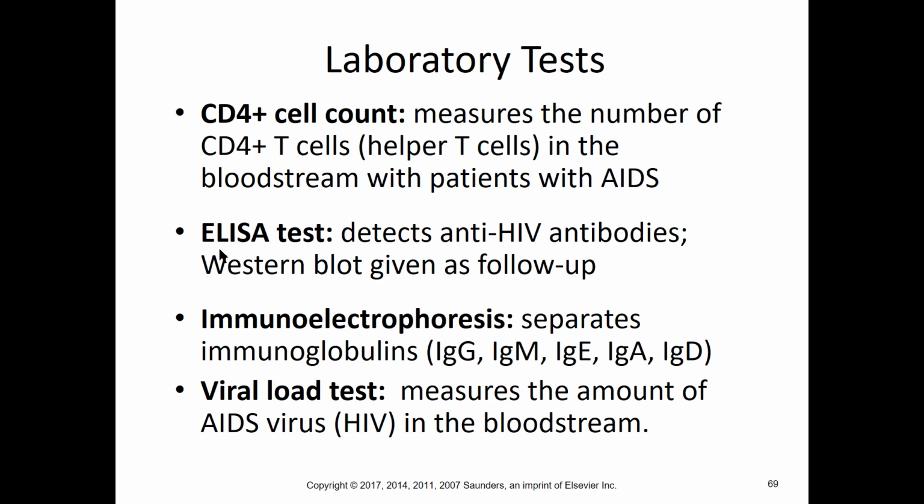Immunoelectrophoresis separates immunoglobulins such as IgG, IgM, IgE, IgA, and IgD. And how do we find out that the patient is, let's say, in remission? The viral load test measures the amount of AIDS virus in the bloodstream.